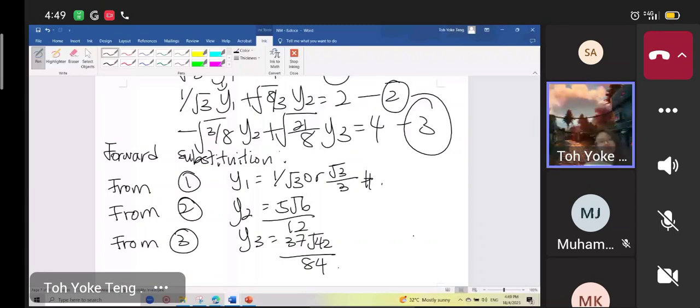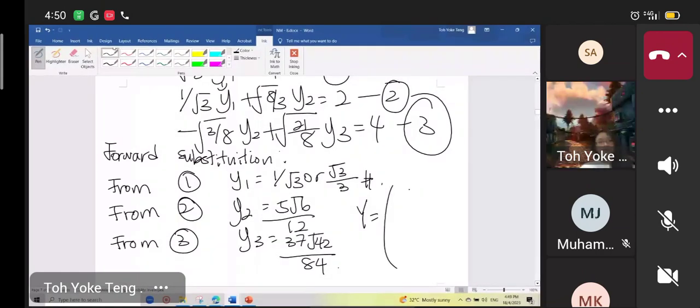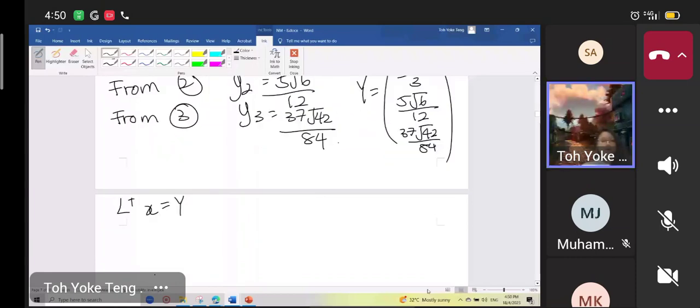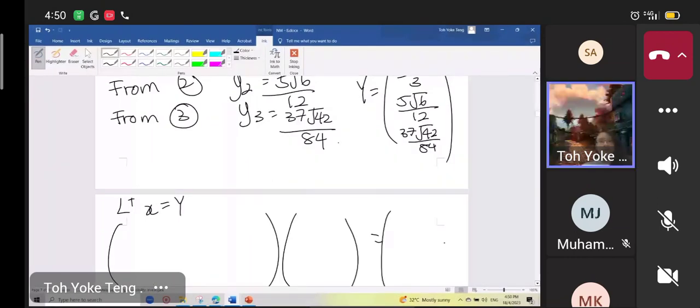Okay, remember that this one is just the temporal variable, so once you get it, you have to proceed to get the unknowns for this question. So, the transpose of the lower triangular and y equals to y here. So just the same thing that equals to here.